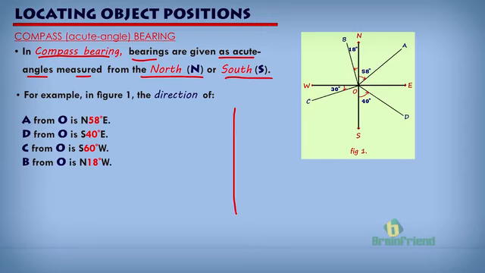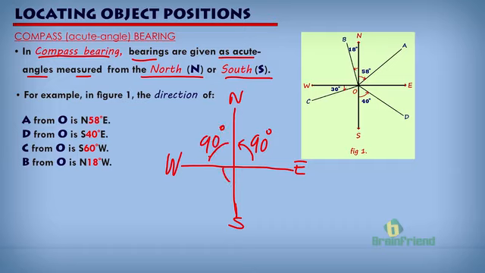So, of course, we've seen that we have the north, the south, the east, and the west. And we learned that if we turn 90 degrees from the east, we will be facing the north. At every division, you have an angle of 90 degrees.